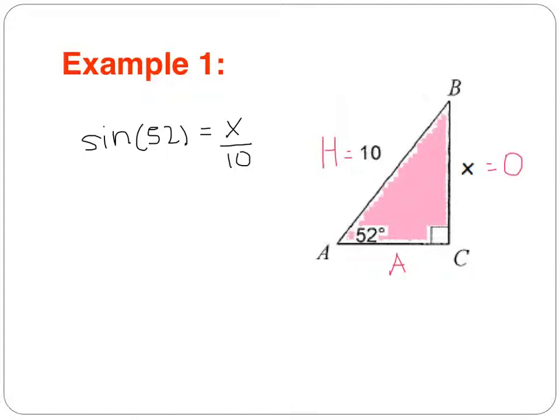In order to solve for x, we will go ahead and multiply both sides by 10. On the left-hand side, you will have 10 times the sine of 52, and on the right, the 10 cancels out, and we will have x.